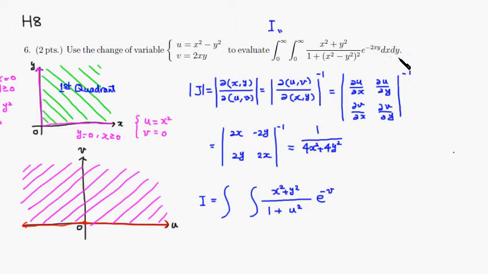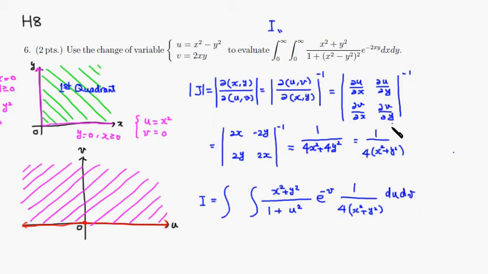And dx dy can be rewritten as the Jacobian, which is 1 over, actually I'm going to factor out the 4 from the bottom, so we can write it as 4 times the quantity x squared plus y squared. Then you have the new variables, du dv.